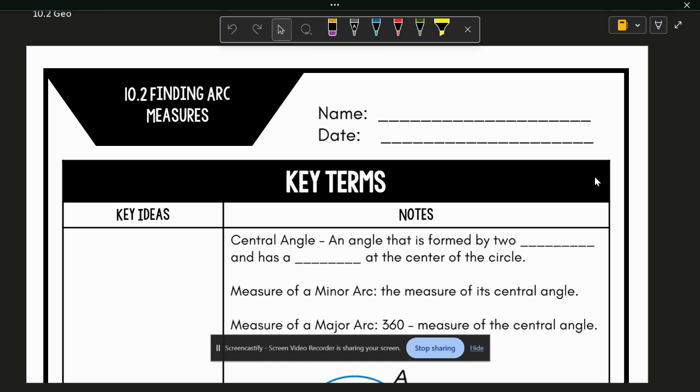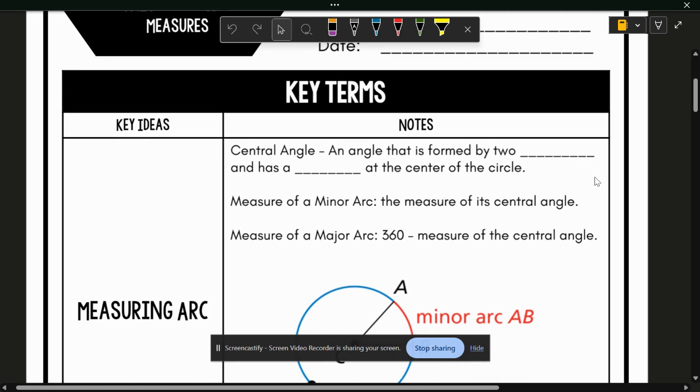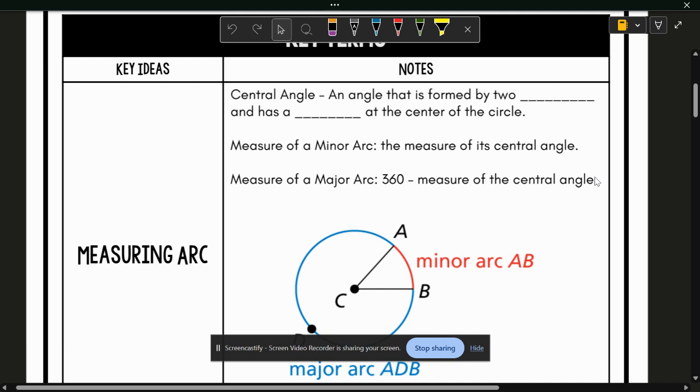Today, we're going to talk about 10.2, finding arc measure in circles. So let's start off with a little bit of vocab here. As we follow along with what your book has, we've got central angle. That's an angle that's formed by two radii and has a vertex at the center of the circle.